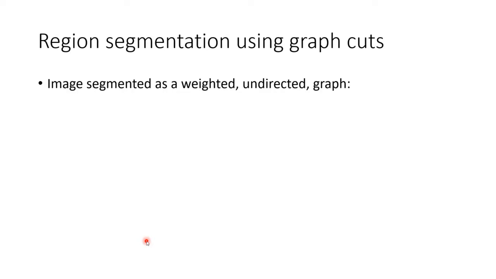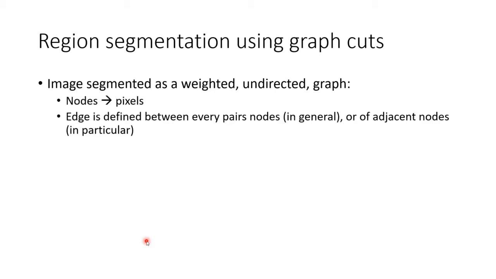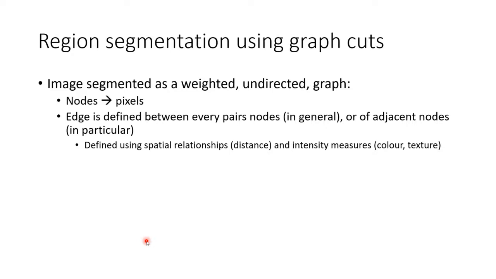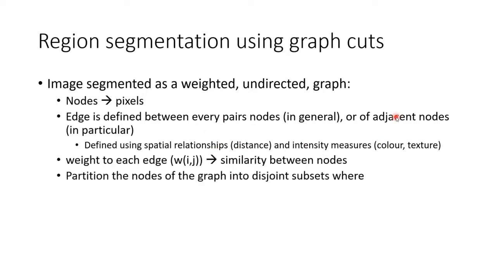So the basic idea then is to have the image segmented as weighted undirected graphs. Nodes will be assigned to pixels. An edge is defined between every pair of adjacent nodes. The weight of the edge will be defined using spatial relationships or intensity measures. It would be a measure of similarity between nodes.